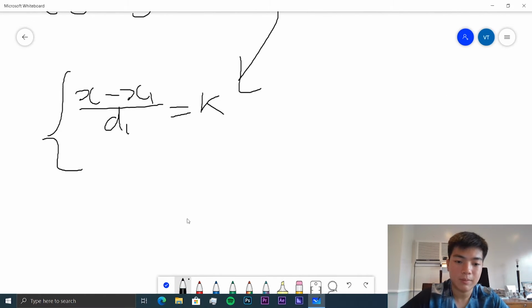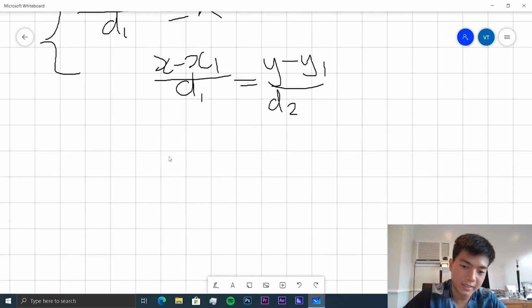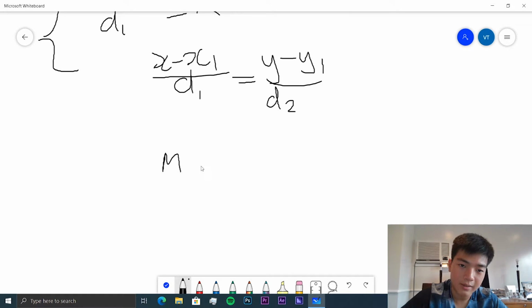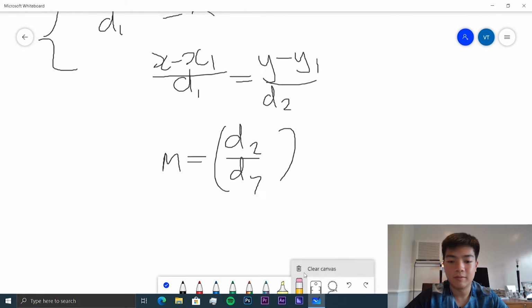So this is where we express the equation as (x minus x1) over d1 is equal to (y minus y1) over d2. And you might recognize that since this is a linear line, we have the gradient as equal to d2 over d1. So that is the vector equation of a line.